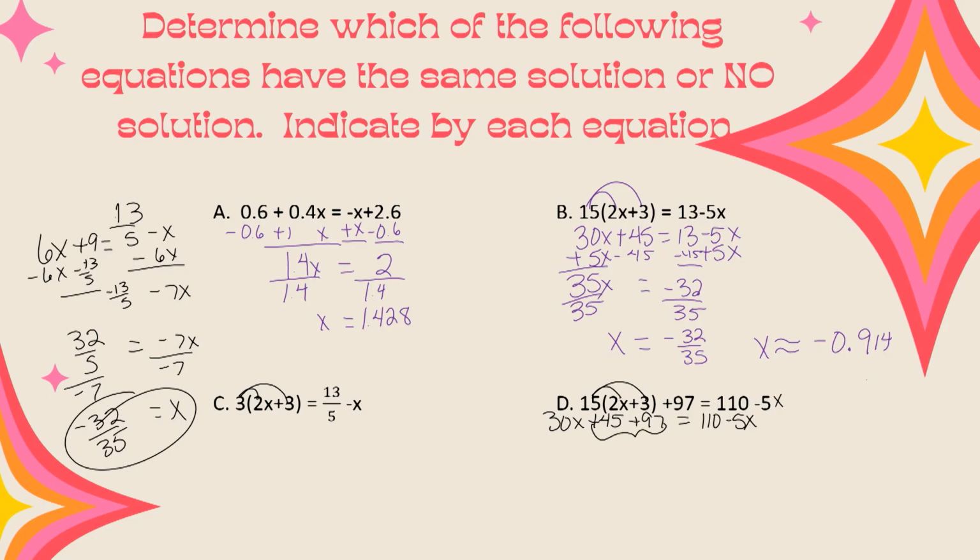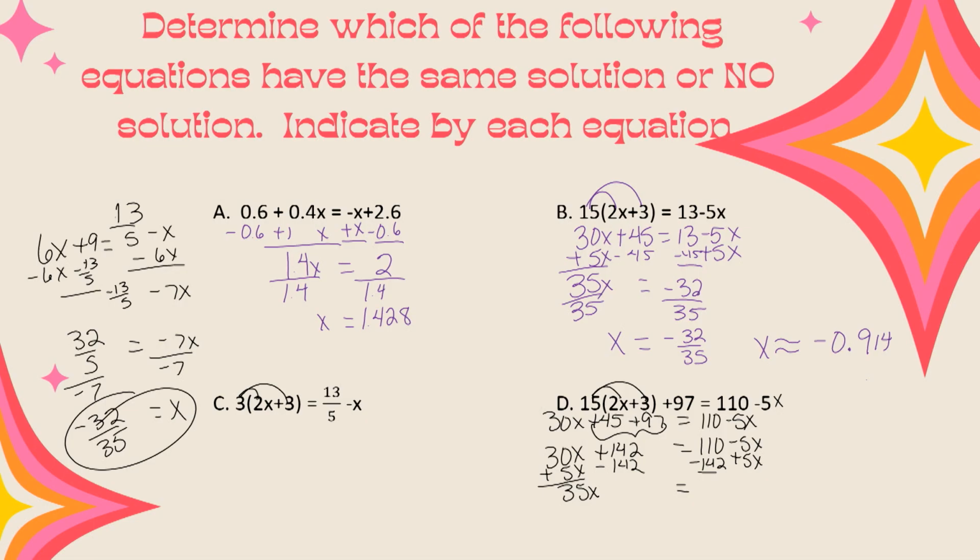So I have 45 plus 97, which is 142. So 30x plus 142 equals 110 minus 5x. I'm going to put all of my variables on the left side, my numbers on the right. So I'm adding 5x to both sides. So 35x, I'm going to subtract this 142 on both sides.